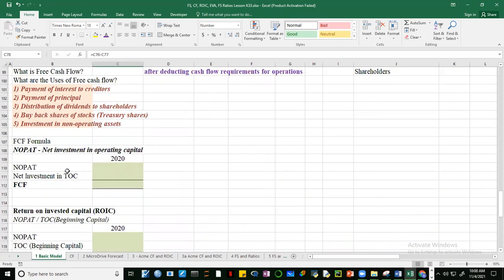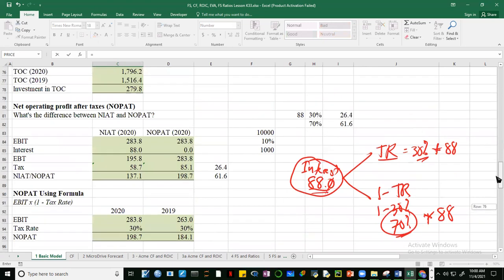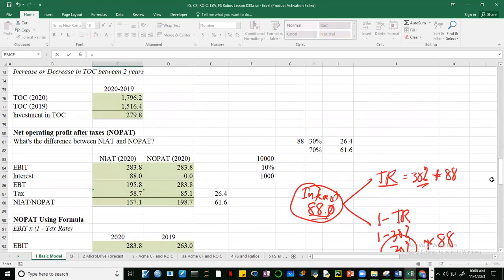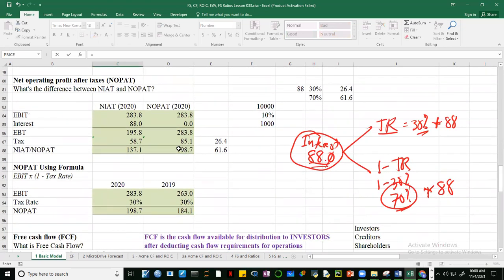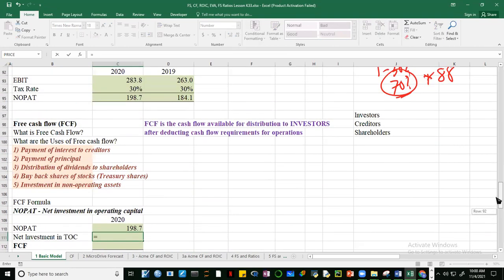So let's compute the free cash flow for 2020. We start with NOPAT. Our NOPAT for 2020 is 198.7. And then, what was the net investment in operating capital?